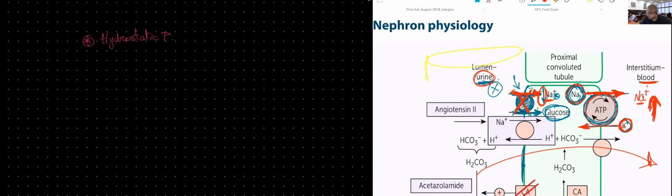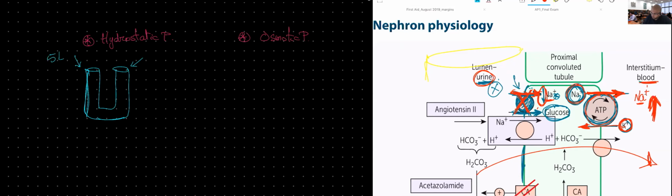The other type of pressure that we're dealing with here is osmotic pressure. What is the difference? If I have a tube like this, on this side I'm not adding any water. On this side, I'm adding 5 liters of water.